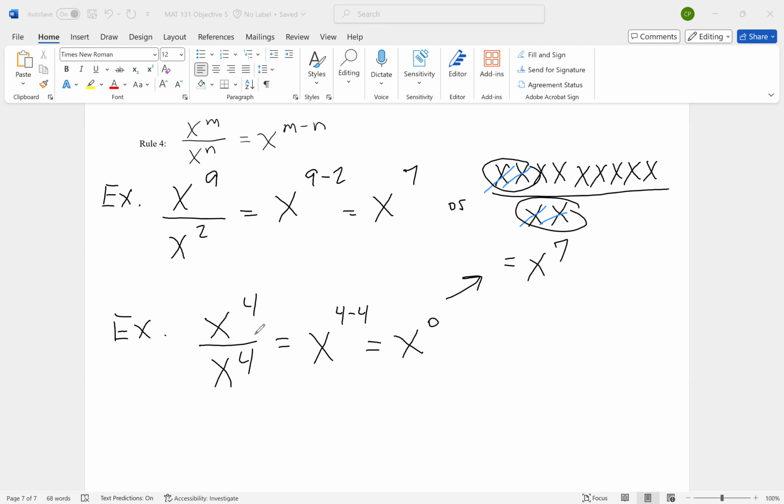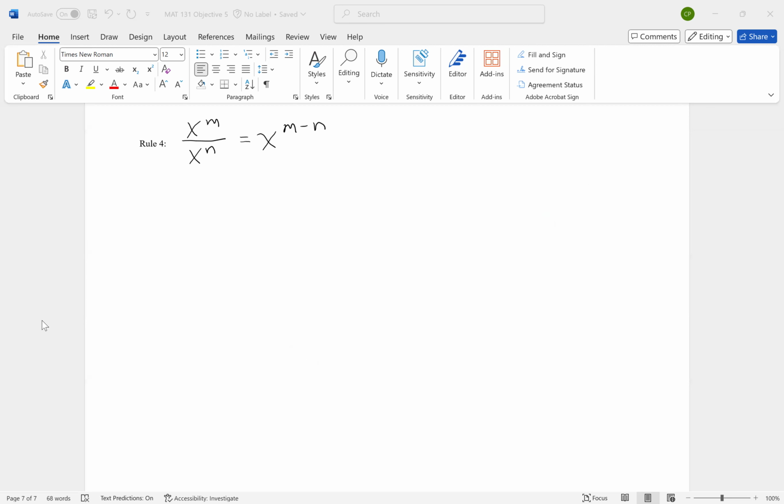But also, again, anything divided by itself is going to be 1. So x to the 4th over x to the 4th is going to equal 1, right? So with that in mind, that will take us to rule number 5.